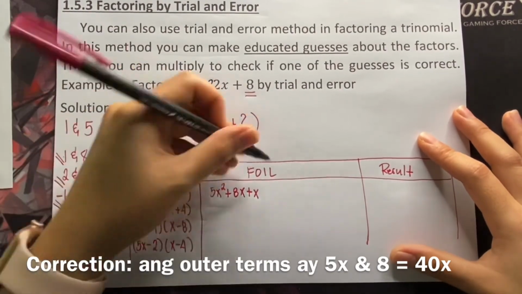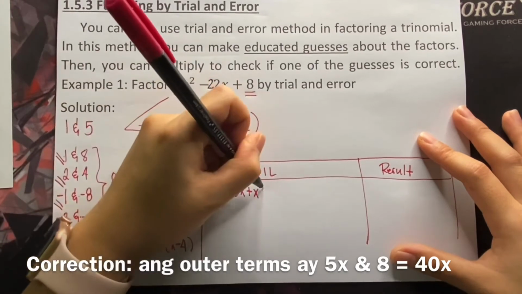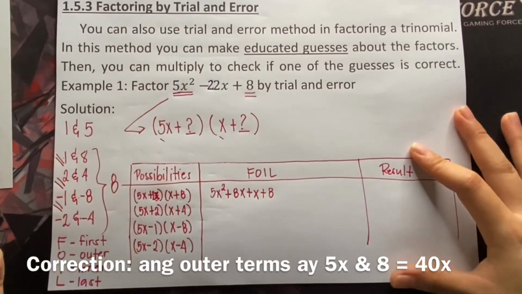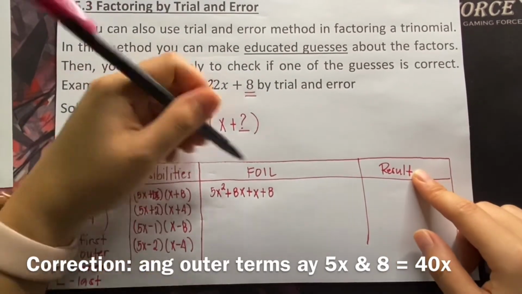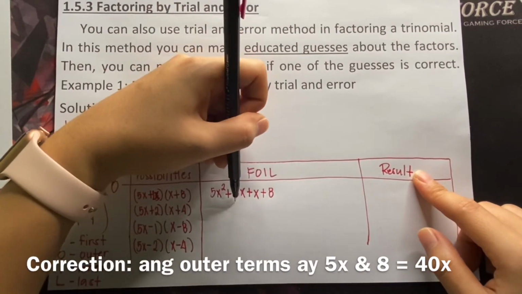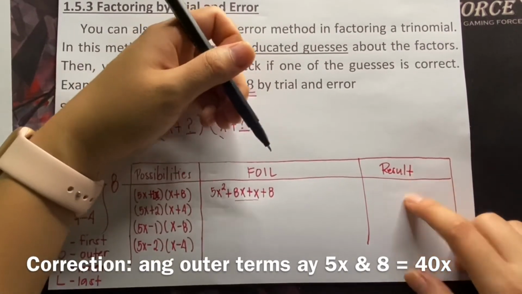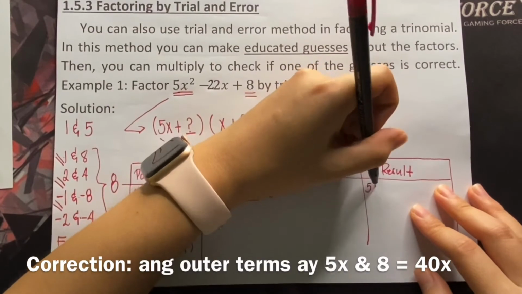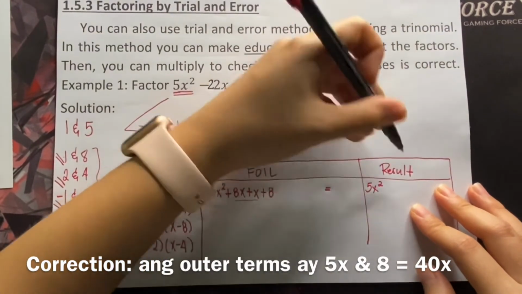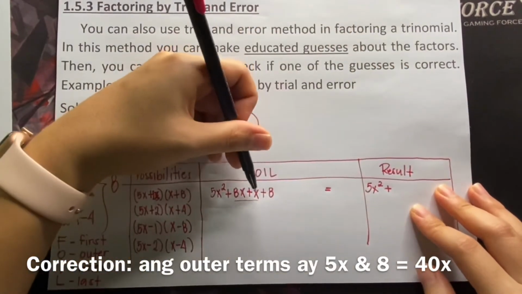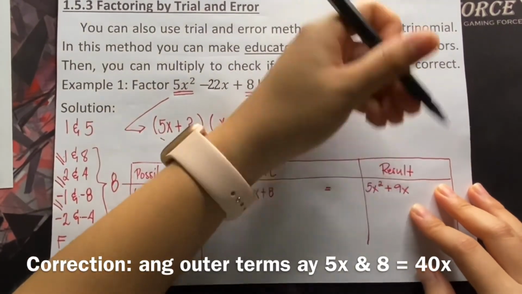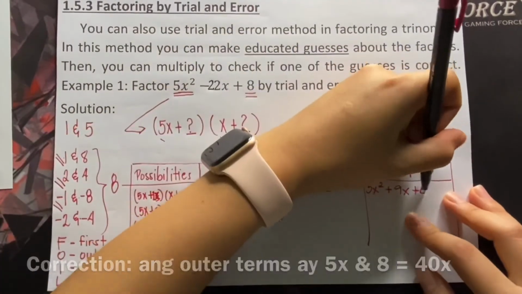And the last terms, 1 and 8. 1 times 8 is 8. Let's have the result. Combining common terms, 40x and x. So the result is copy 5x squared plus 41x plus 8.